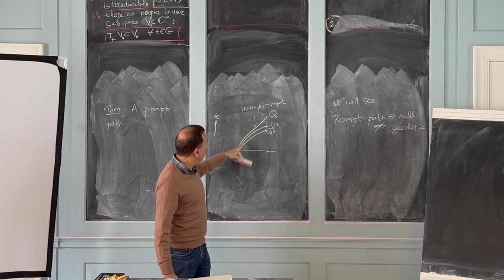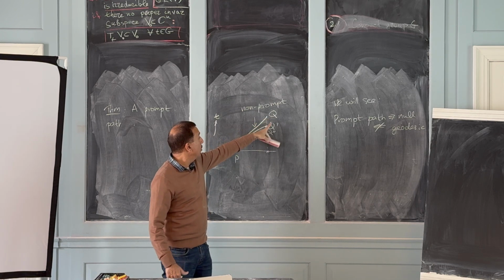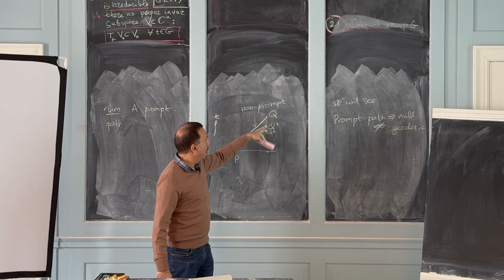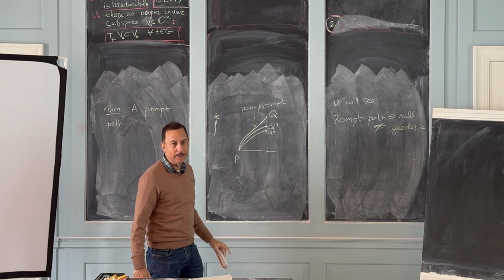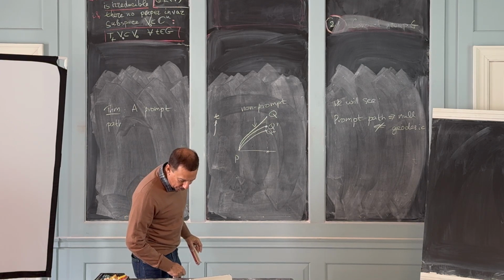If it's prompt, then I can say it's from P to Q and there's no other such path. But if it's non-prompt, then I'm comparing paths which have different endpoints in space-time. Sorry if I keep saying this, but I'm constantly confused by this fact.